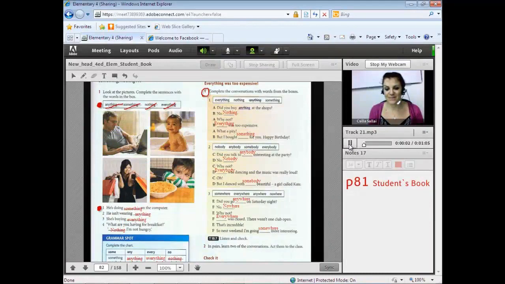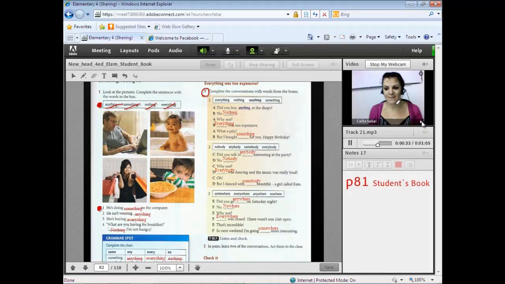10.7. Everything was too expensive. 1. Did you buy anything at the shops? No, nothing. Why not? Everything was too expensive. What a pity. But I bought something for you. Happy birthday. Oh. 2. Did you talk to anybody interesting at the party? No, nobody.